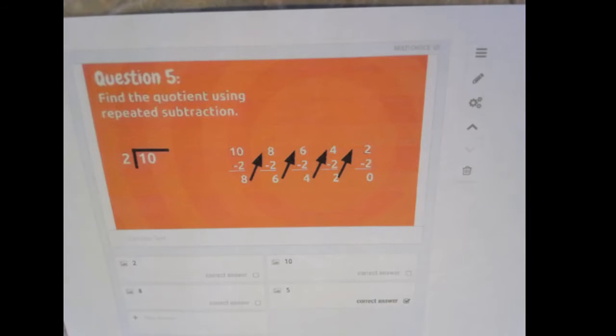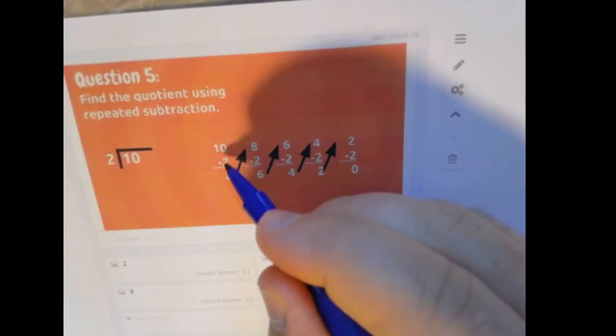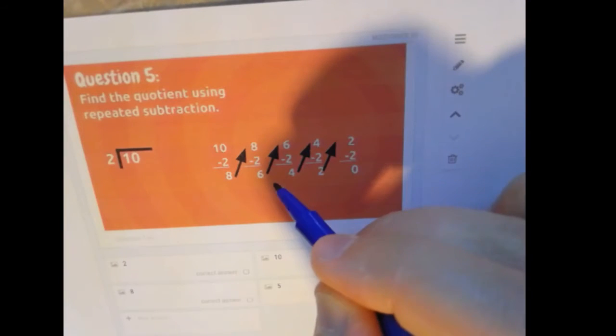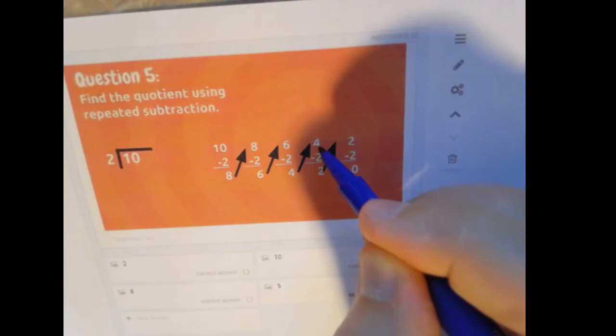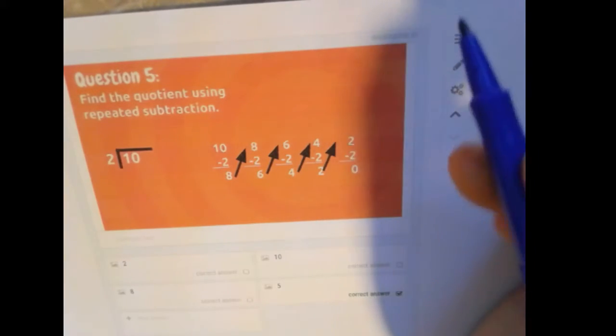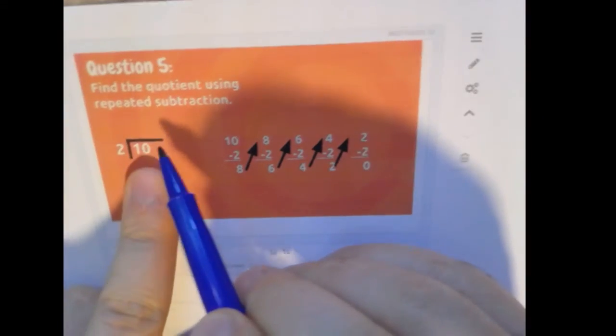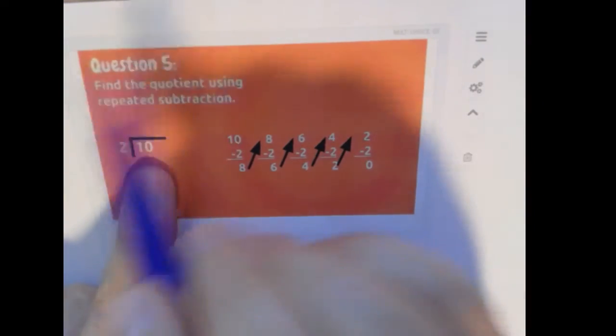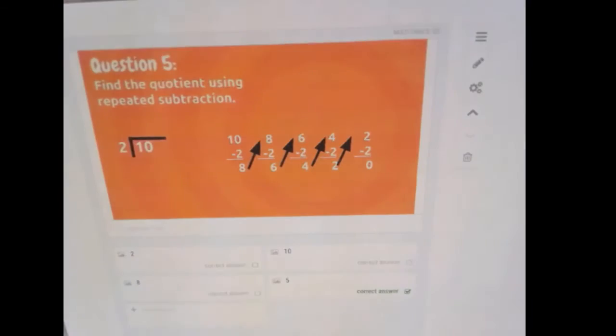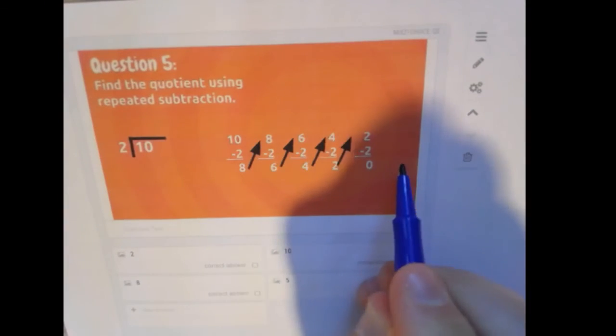Adding things up over and over again gives you multiplication, where division is like subtracting something over and over again. So 10 take away 2 is 8, 8 take away 2 is 6, 6 take away 2 is 4, 4 take away 2 is 2, 2 take away 2 is 0.